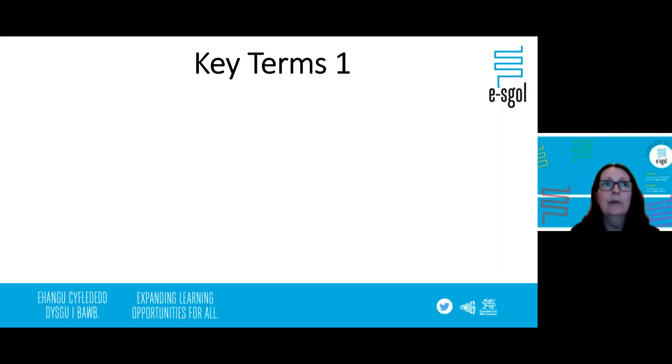So we're going to have a look at some of these key terms that are words and phrases that we need to be familiar with in this topic, and obviously we need to be using these terms fluently when we are answering our exam questions. Have a think really of a good way to learn these terms so that you are familiar and fluent with them.